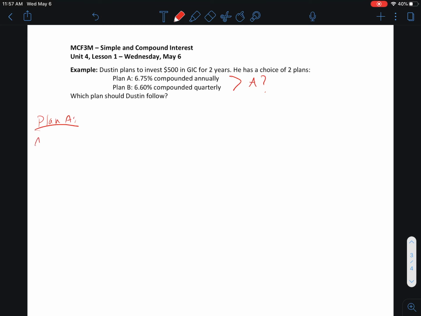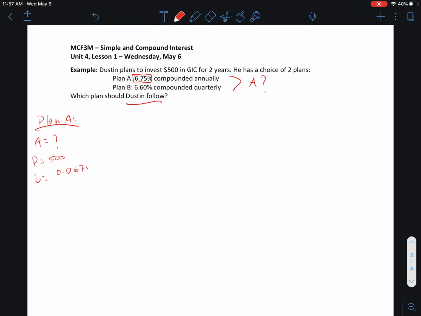So write out your knowns and unknowns. For this particular question, I ultimately want to know how much each of these is going to be worth at the end. So I want to know A in both of these scenarios, because ultimately Dustin's trying to make a decision as to which plan to choose. Is it A or am I going to choose B? So A is what I want to know, the amount of money. The principal is going to be 500.